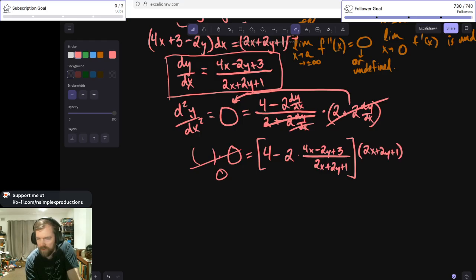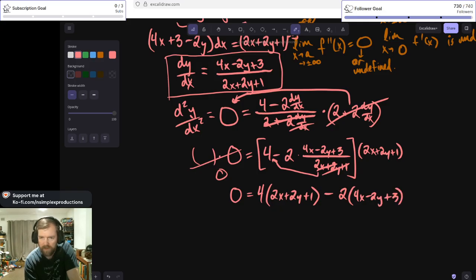This is going to get it out of this particular location, and then also multiply it to the 4. So 0 is equal to 4 times (2x plus 2y plus 1) minus 2 times the quantity (4x minus 2y plus 3).